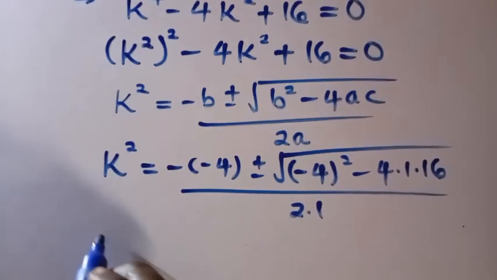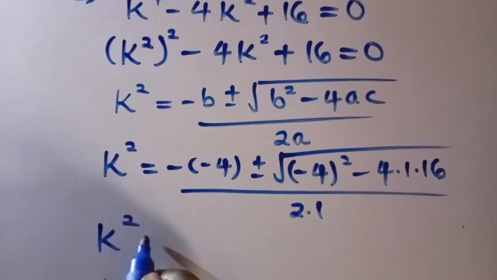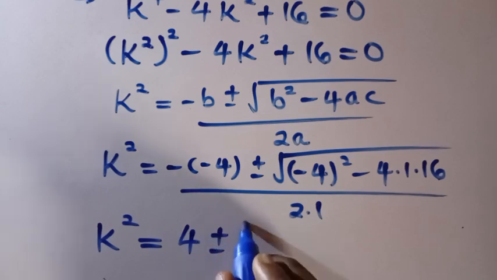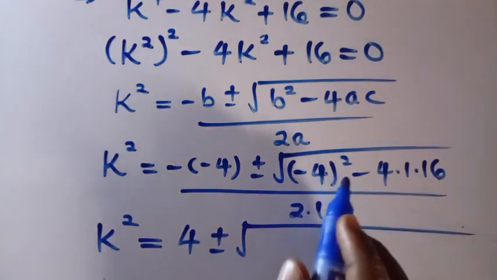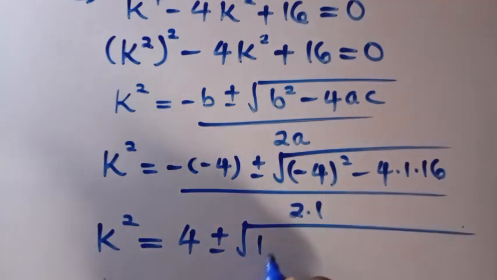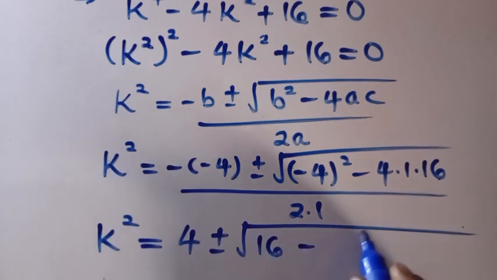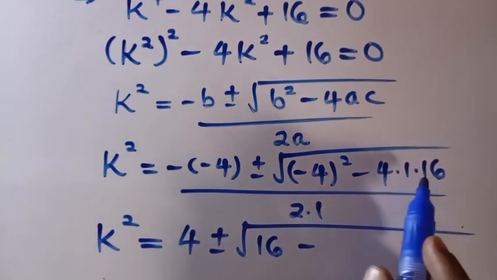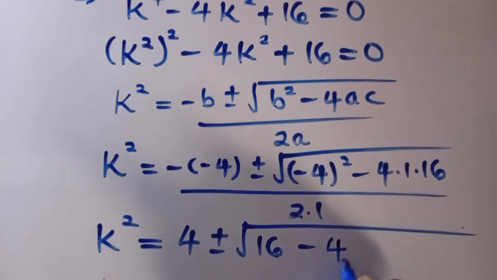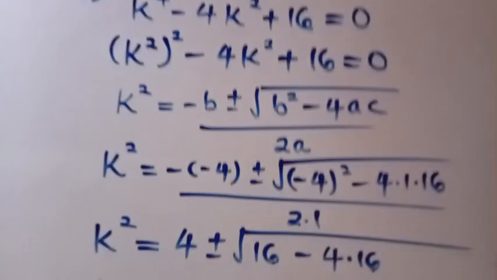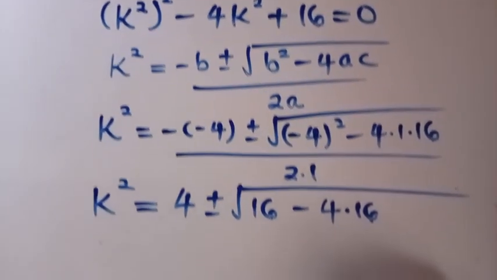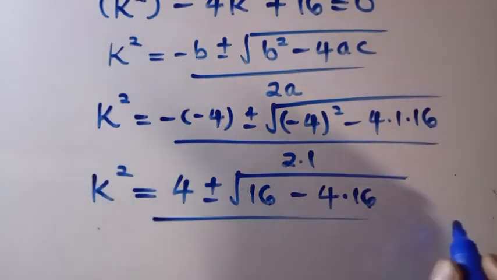And from here we can see that k squared equals minus times minus, that is plus, so we have plus 4 plus or minus square root of 4 squared, which is 16, minus 4 multiplied by 16. Then from here we are going to factor out 16.